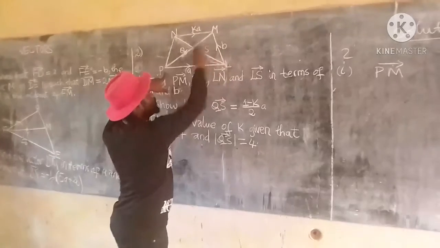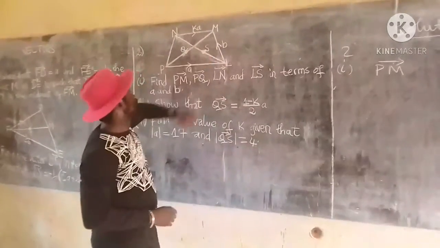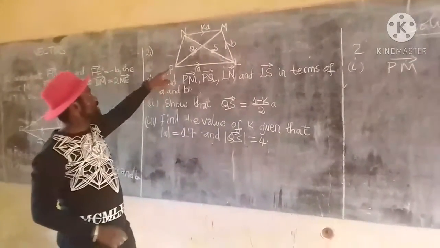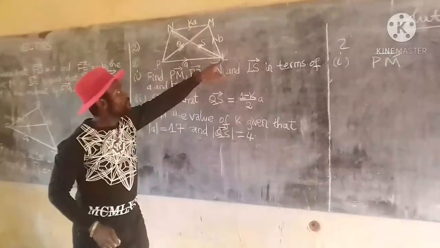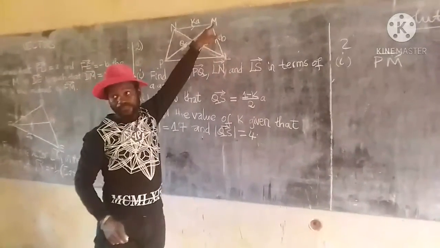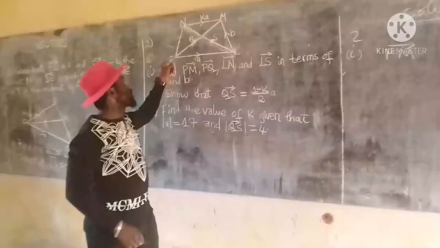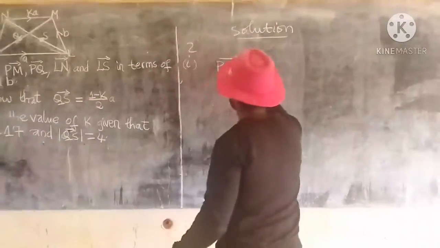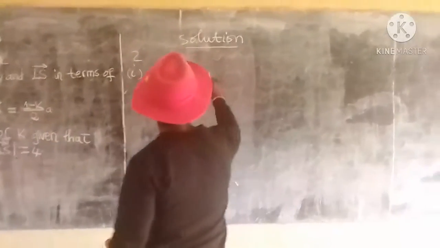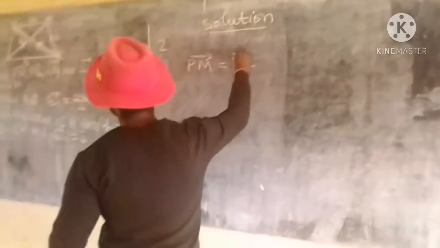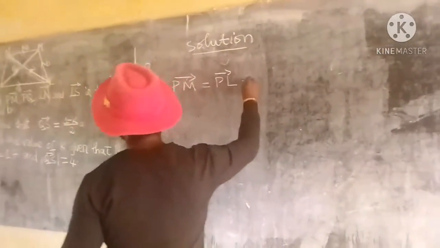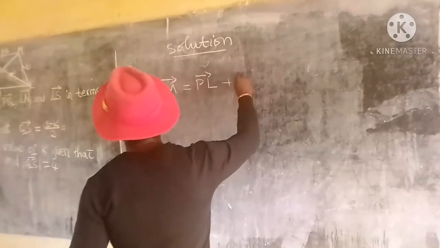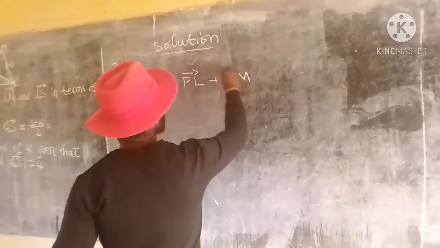And LM. We'll get to PM. Look at it again. We can take PL plus what? LM, right? We'll get to what? PM. Just as we said earlier. So you are going to have PM equal to what? PL plus LM.